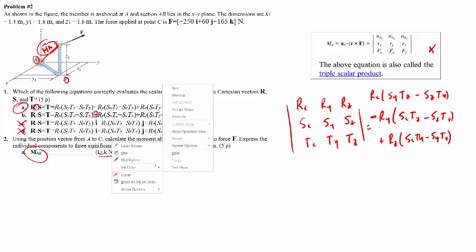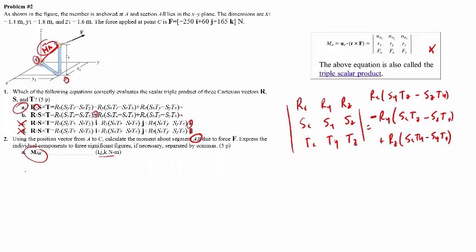So I have coordinates A, which are of course 0, 0, 0. I have coordinates B, which are 1.4 in X, 1.8 in Y, and 0 in Z. And then I have coordinates C, which are 1.4, 1.8, and 1.6.